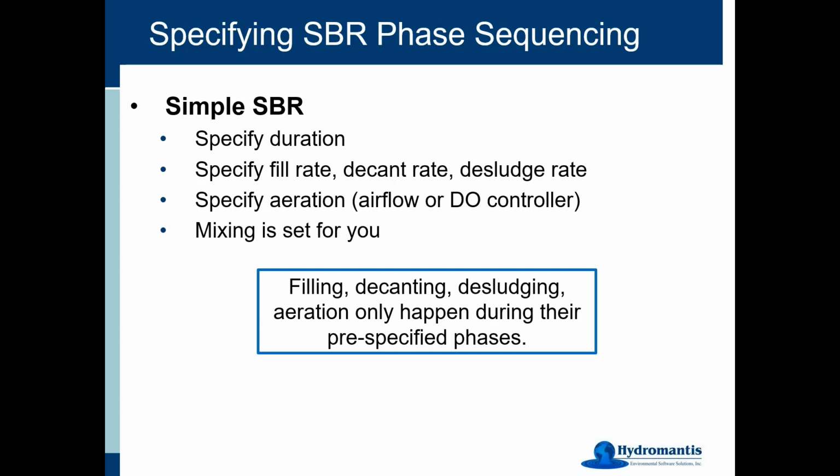In the case of the simple SBR, you don't have to make any decisions about mixing. It'll know when to turn the mixing on for you and when not to. And as I mentioned, filling, sludging, or desludging, and everything else happens during those pre-specified phases.